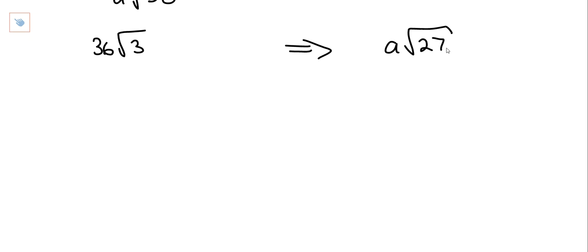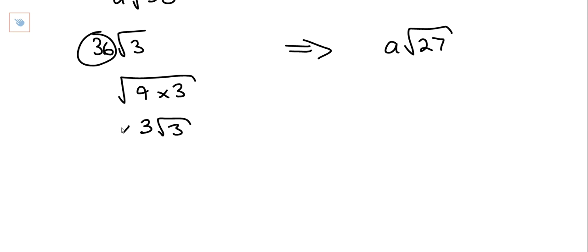I just look at what times 3 is 27, and that's 9. So I have 9, but I need 3 root 3. And then I see what times 3 is 36, and that is 12.